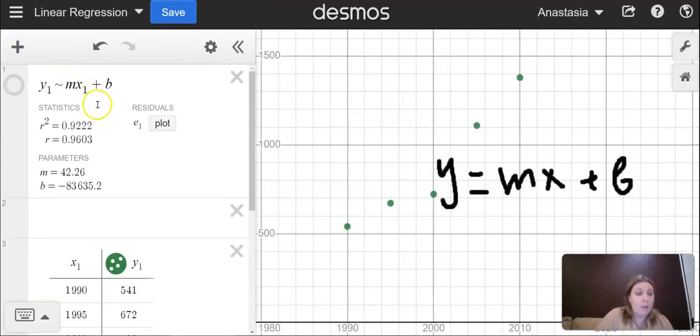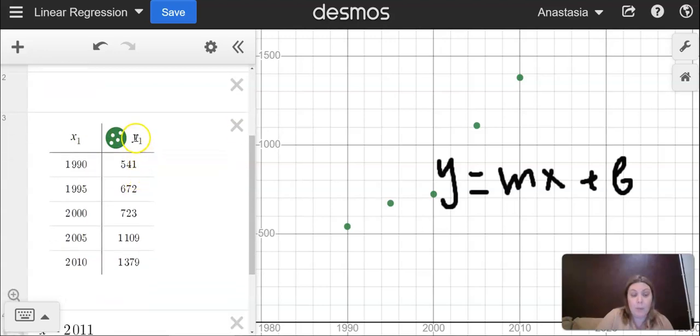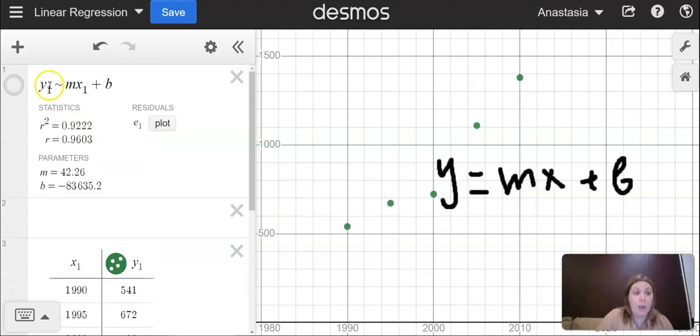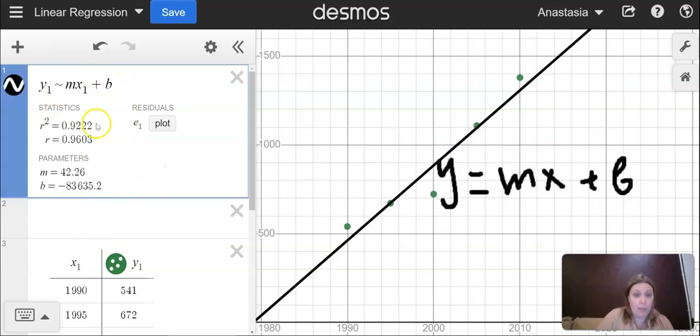But instead of y equals mx plus b, I'm going to reference the x and y coordinates of my table. So it's going to be y1 approximately equal to mx1 plus b. And when I do it, it gives me this line.